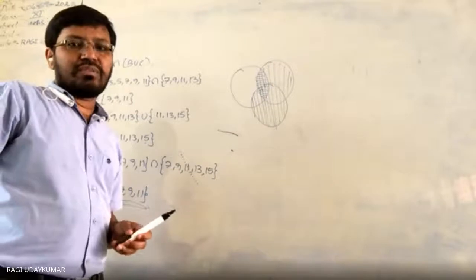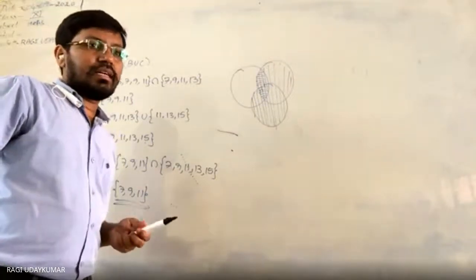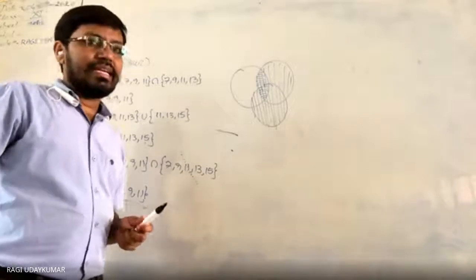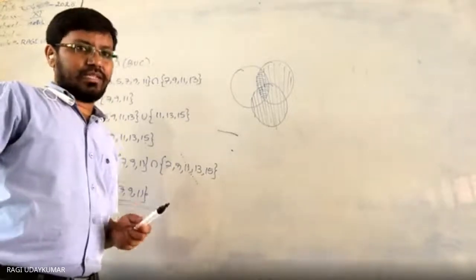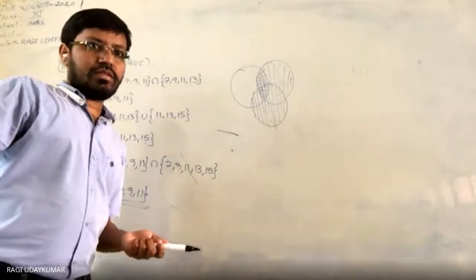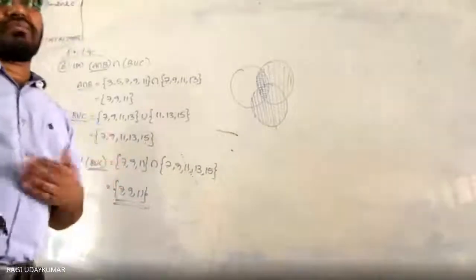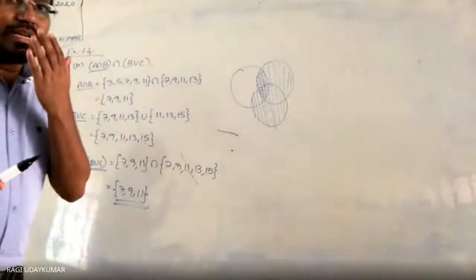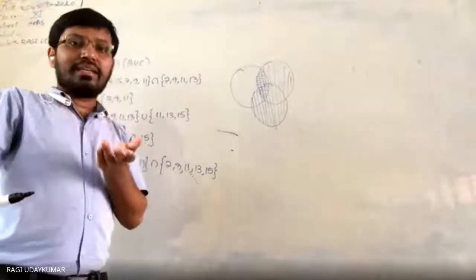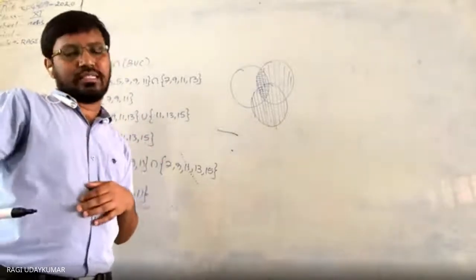A is a natural number set, B is an even natural number set, C is an odd natural number set, D is a prime number set. So find A intersection B. The intersection of the natural numbers and B, the even natural numbers, will be again the even natural numbers. So A intersection B is B, you are going to get.